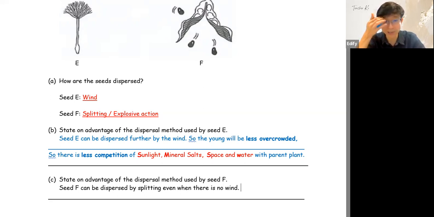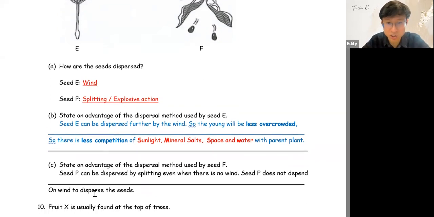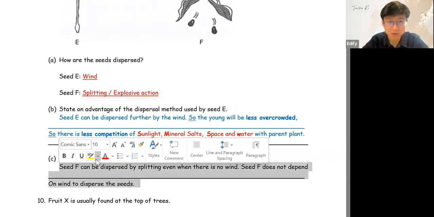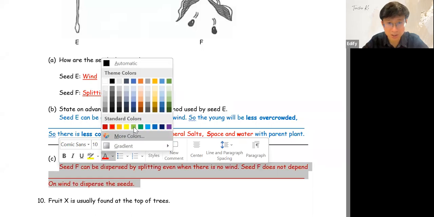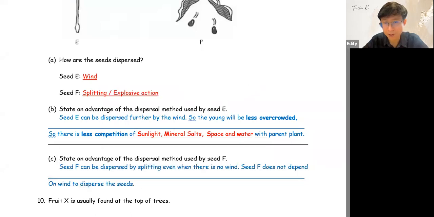It does not depend on wind, right? So just write out F does not depend on wind to disperse the seeds. All right, so this is an advantage that you don't have to depend on others. You can disperse the seeds yourself.